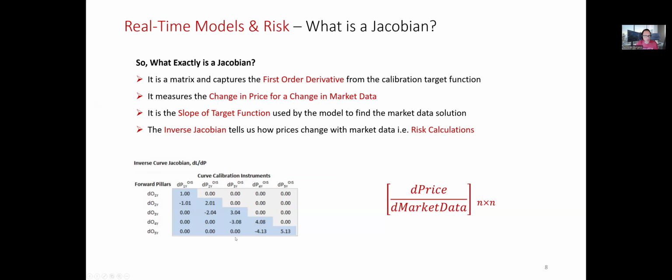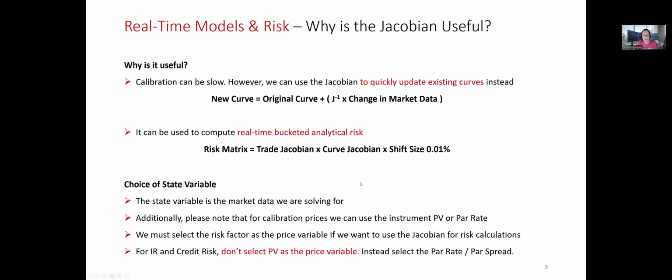Here's an example of a Jacobian. This is the inverse Jacobian, and they typically look like a diagonal matrix. The Jacobian itself will look like a lower diagonal matrix, and the inverse Jacobian will typically have values around the center, and above and below would be sparse with zero values. It gives us the change in price for change in market data, and it's an n by n matrix, where n is the number of calibration instruments. Okay, so that's the Jacobian.